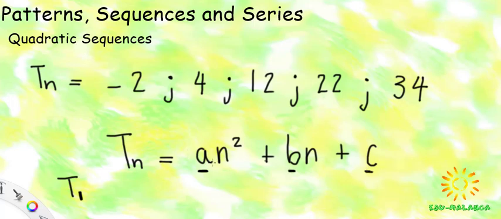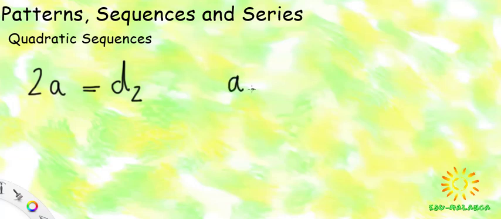There's three equations that we use, and the first one solves for a. Let's write it down. 2a is equal to d2. So when we're solving for the coefficient a, we will then have that a is equal to d2 over 2. So this is the first equation that allows us to solve for a.